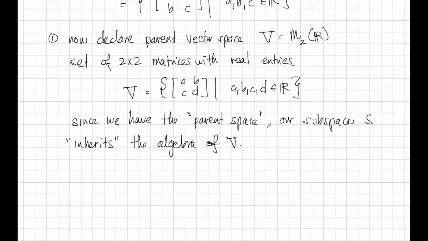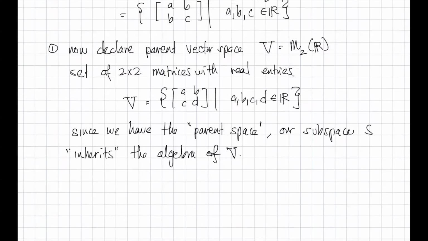I don't have to show things like commutativity. I'm already working with matrices that commute when I add. I'm already working with matrices where scalar multiplication works. The only thing I'm worried about is closure. Does adding symmetric matrices together beget more symmetric matrices, or does it leave the subspace?